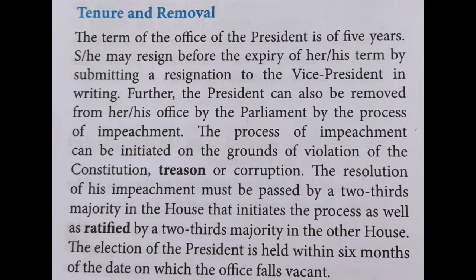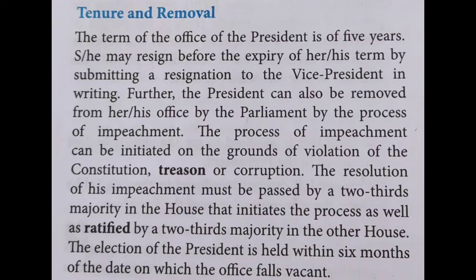Further, the President can also be removed from office by the Parliament by the process of impeachment. On which ground? On the ground of violation of the Constitution, treason or corruption.